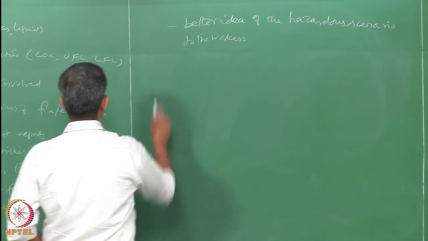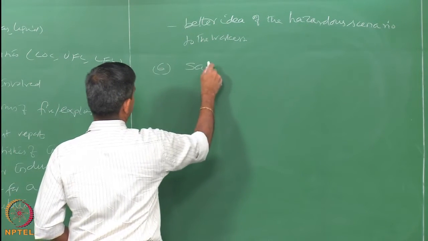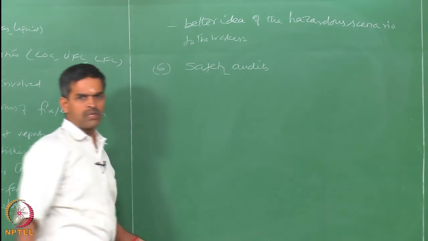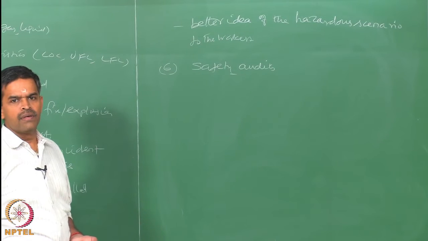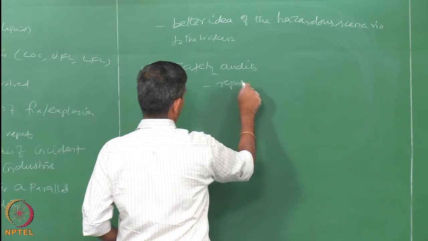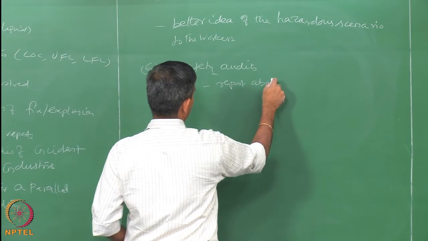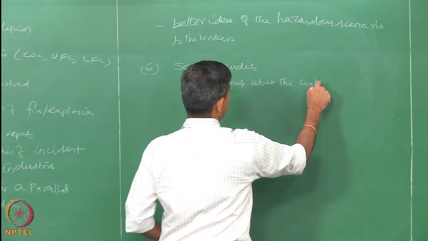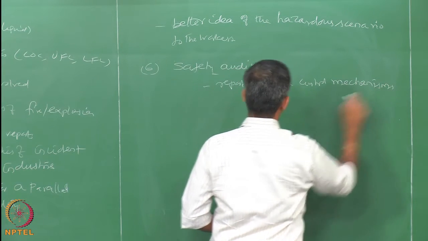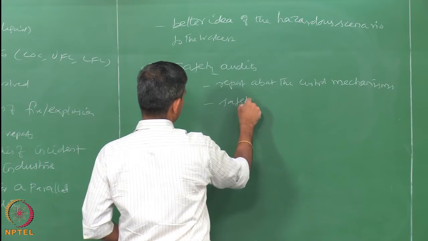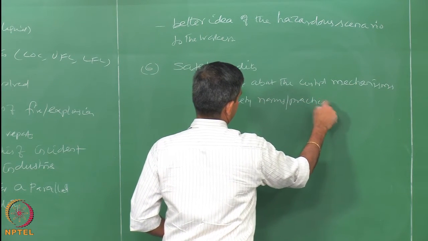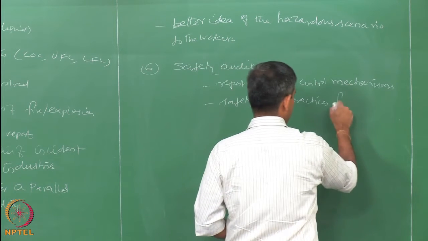Next could be reports of safety audits. This should contain knowledge, this should contain the report about the control mechanisms, the safety norms and practices followed by the company.